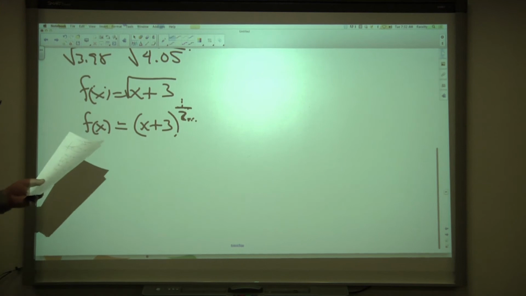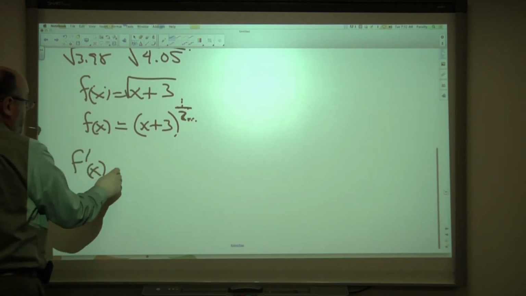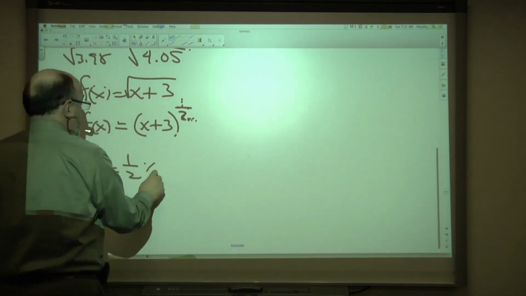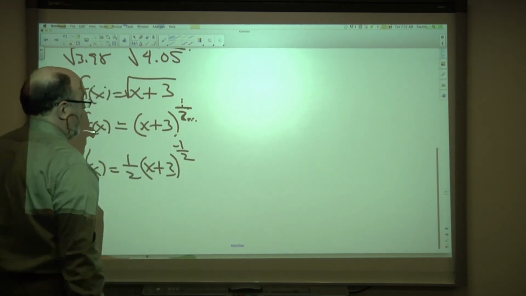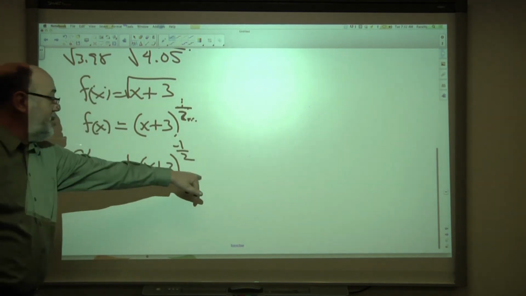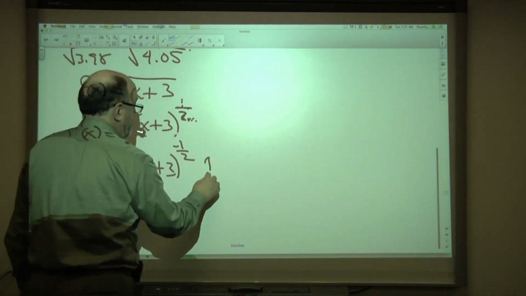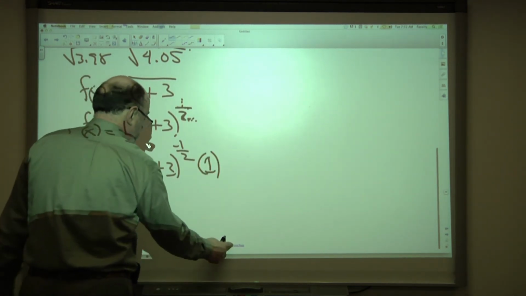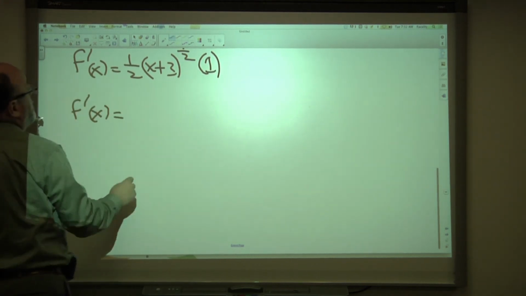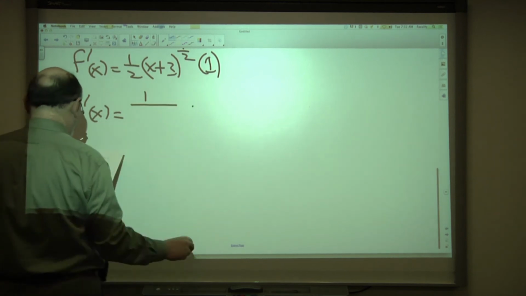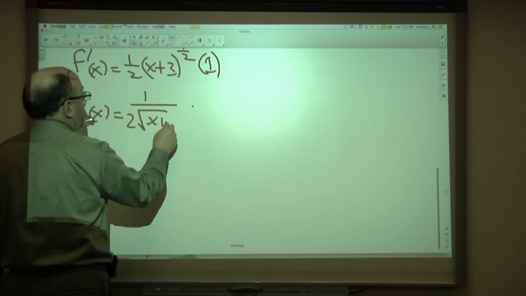I want to take the derivative of that. So the derivative, f prime, is going to be 1/2 times x plus 3 to the minus 1/2, and then the derivative of x plus 3 will just be 1. So it's right there. So if I rewrite this, this will be that my derivative is going to be 1 over 2 times the square root of x plus 3.